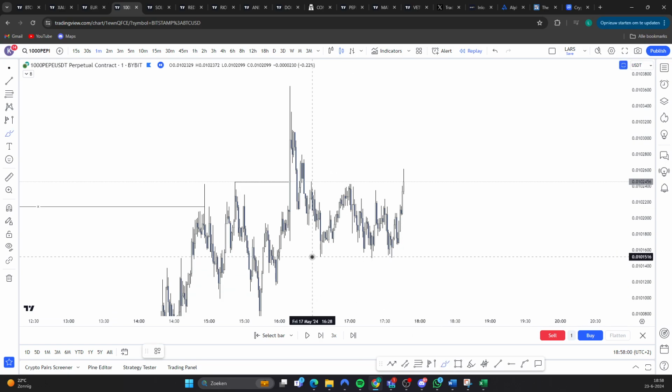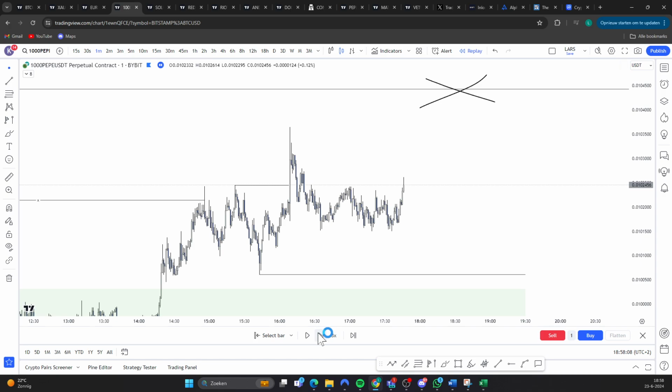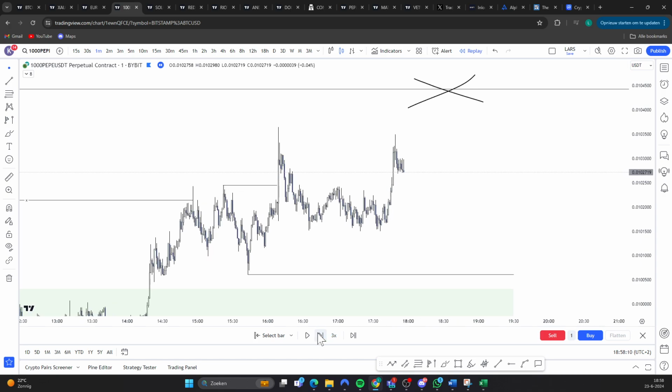Looking local 1, 2, 3, breaking structure, hitting its target. More like second structure.